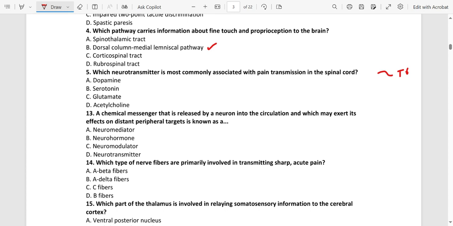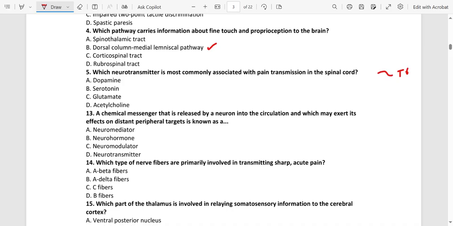But remember, you have the anterior spinothalamic tract and the lateral spinothalamic tract. You should be able to differentiate which one picks up which sensations, and it's also important to understand where exactly these tracts decussate in the spinal cord. The lateral spinothalamic carries pain and temperature.